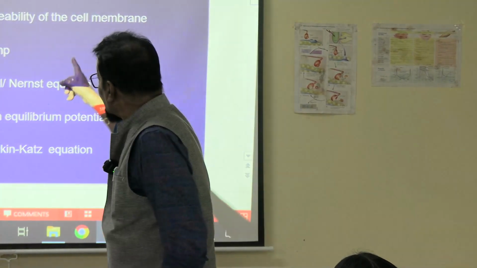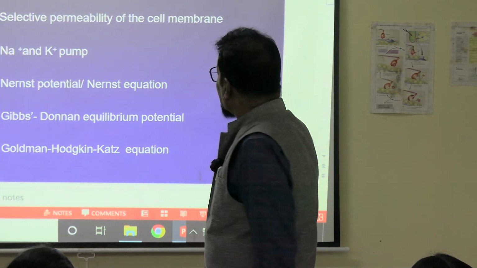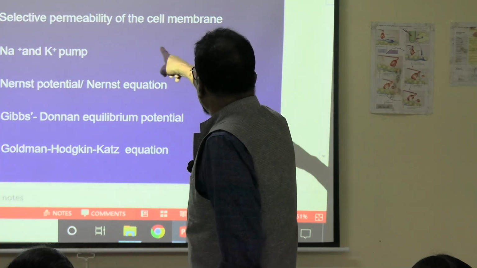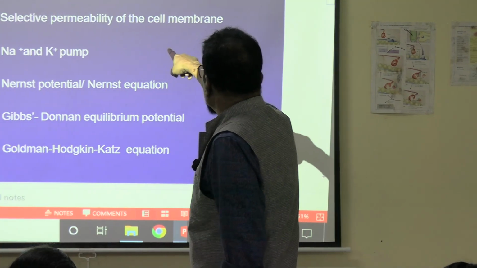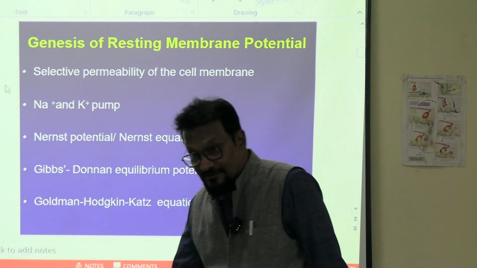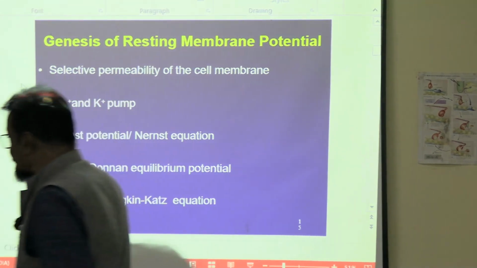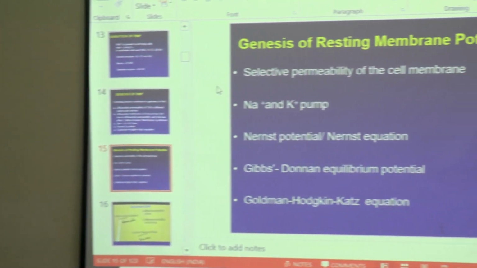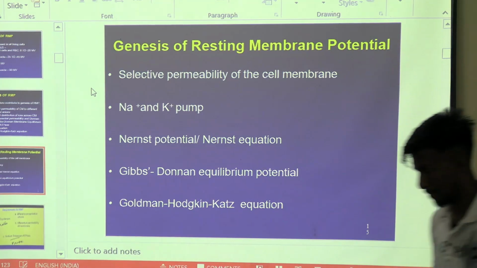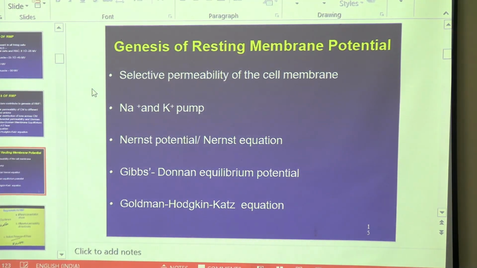So we could see the first point: selective permeability of the cell membrane is also responsible for the resting membrane potential. Then coming to the next point. What is this? The sodium-potassium pump, sodium-potassium ATPase.